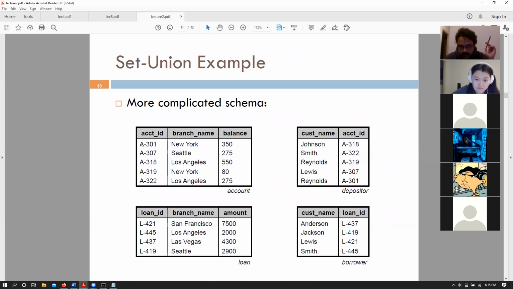So we have your account IDs, your branch names, your balances. And if I did a relational algebra operation that projects down all the branch names from account, what would be my result? It would be New York, Seattle, Los Angeles, right? Only 3 values because it's a set. Duplicate values will be removed automatically.